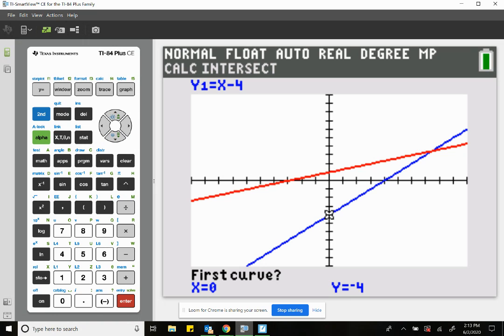So again, remember I told you just scroll to the intersection and all you're going to do is hit enter 3 times. So I'm just hitting my arrow over, scroll into that intersection. So it looks like they hit each other right about there. And I'm going to go 1, 2, 3 on the enter, and there's my answer. 7.5, comma 3.5. Okay.